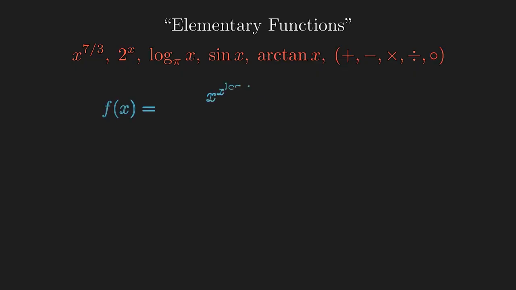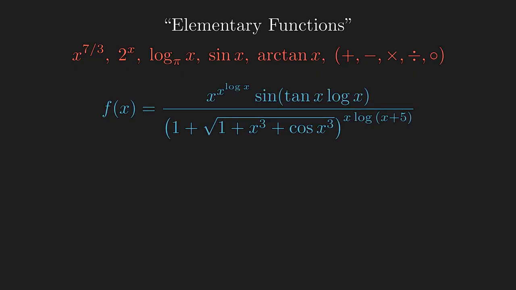And what I mean by elementary function here, for the context of this video, is a function that can be constructed at a high school level. So taking a rational power, or taking a power to a variable, and taking logarithms, trig functions, and their inverses, and any combination of addition, subtraction, multiplication, division, and composition we can make from them. And f is an example of an elementary function.